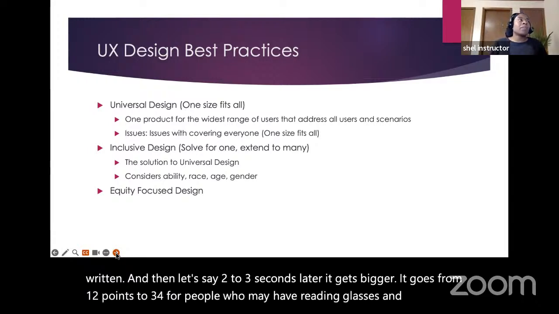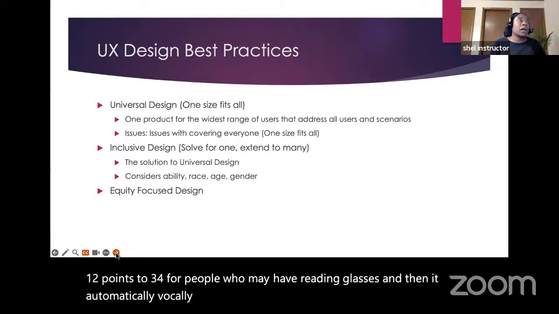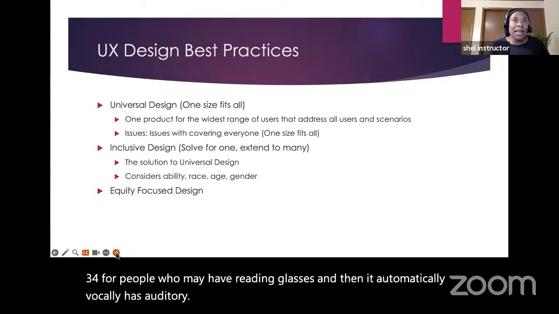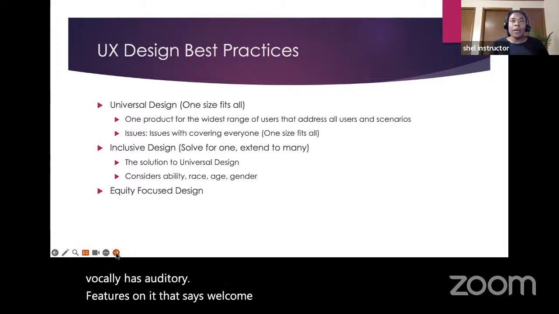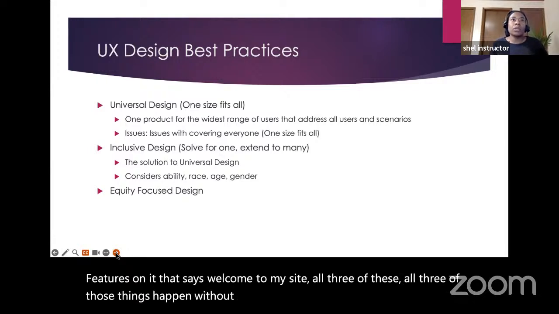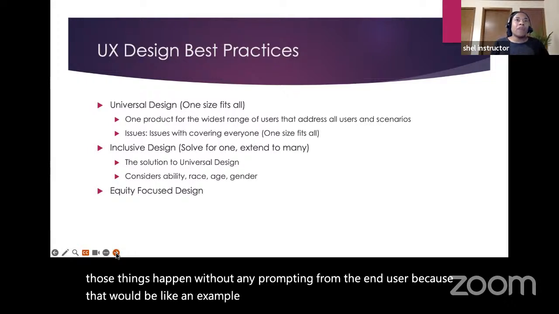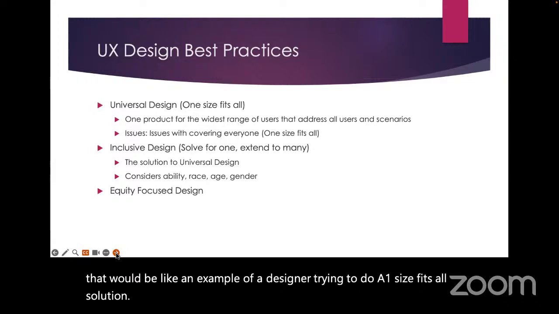And then it automatically speaks, with auditory features that say, welcome to my site. All three of those things happen without any prompting from the end user, because that's an example of a designer trying to do a one size fits all solution. Oh, universal. Okay, I got you. Yeah. Right. Yep.